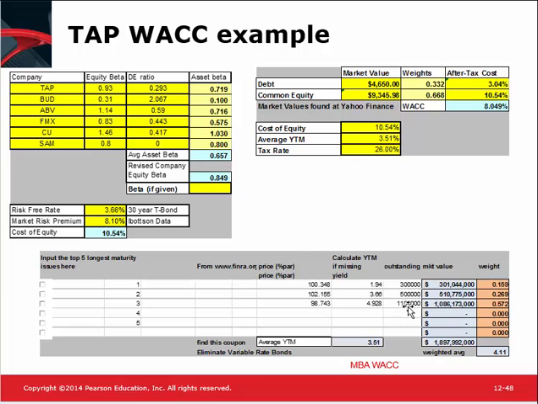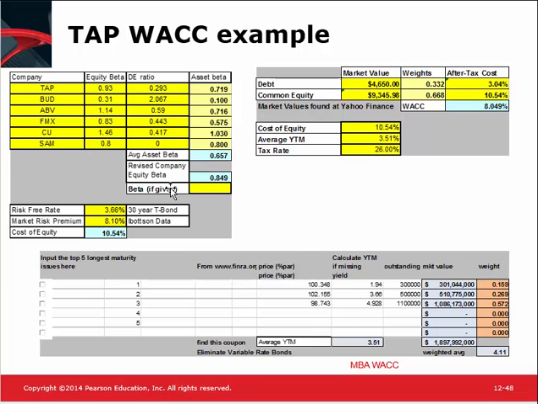Find out how many outstanding bonds there are, what's the cost, what's the yield to maturity, and then I just found the weight. You find the market values, you find the weights. So the average yield to maturity was 3.51, but the weighted average ended up being 4.11%. So 4.11 is the cost of debt that we're ultimately going to use for CoreS.